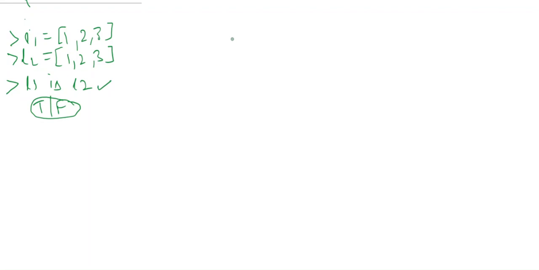Okay. So for this, first we will understand how it works in the background. If L1 and L2 both are referring to the same object, then we can say that the identity operator will return true.